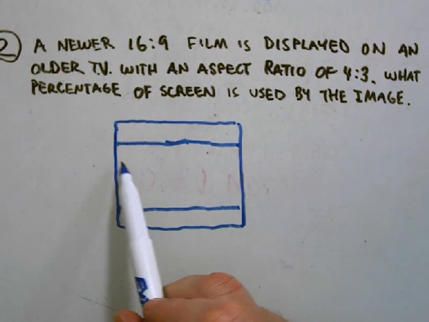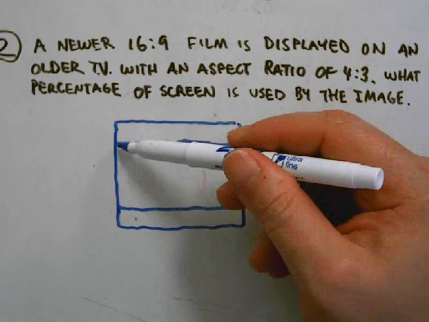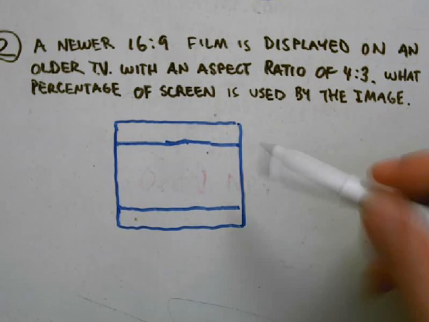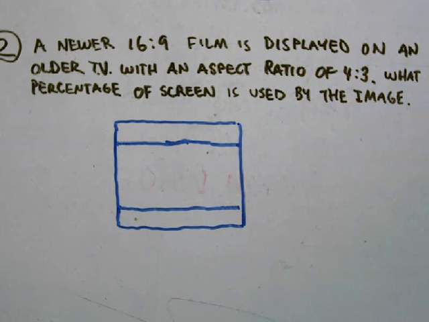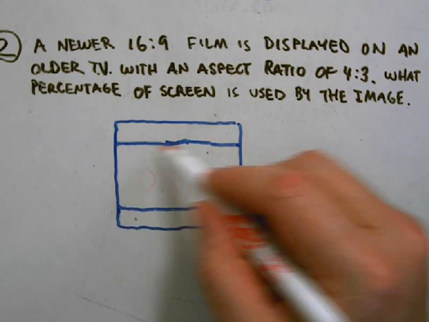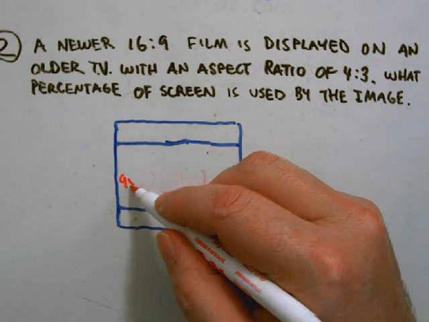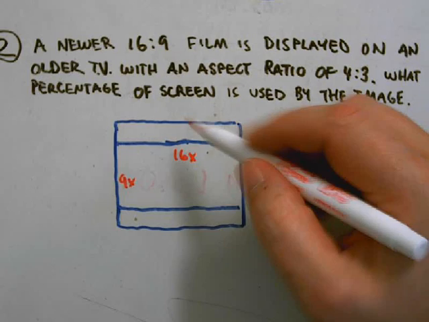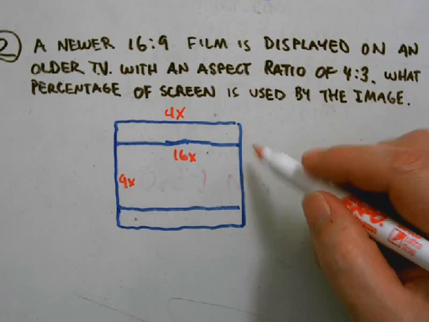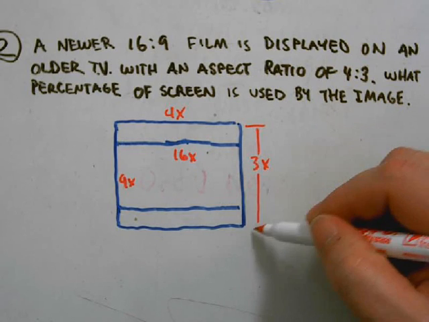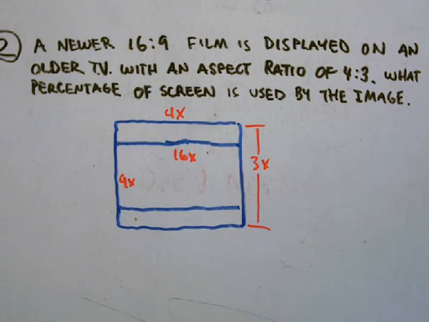Okay, so the first thing you want to think of is that the wider one is 9x by 16x, and the outside one is the 4x to the 3x. Let's just show that we are talking about the outside one there. Okay, so what we want to do here is, I can see that 4 goes into 16.